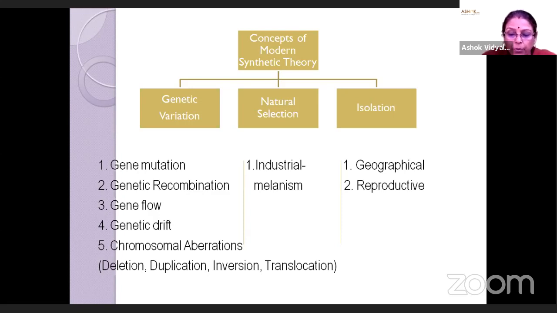I hope you remember jumping genes, students. These jumping genes are DNA sequences that move from one location on the genome to another, and they are known as transposons. So what is translocation? It is a part of a chromosome which is detached and joined to a non-homologous chromosome, that is, transposition takes place.